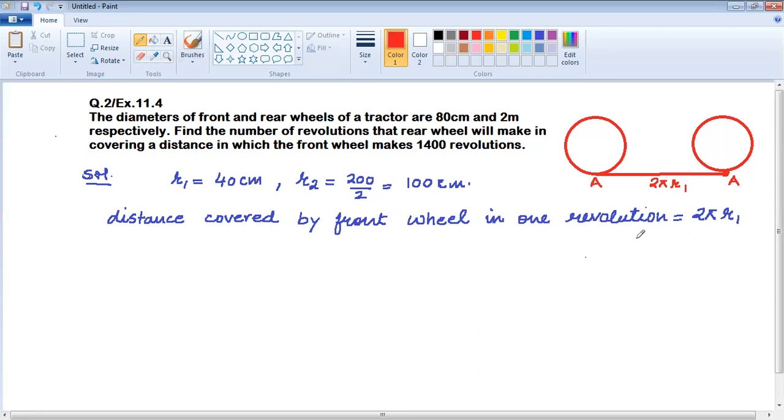So in one revolution, distance covered by front wheel is 2 pi r1, and therefore distance covered by the same wheel in how many revolution is it making? It is making 1400.